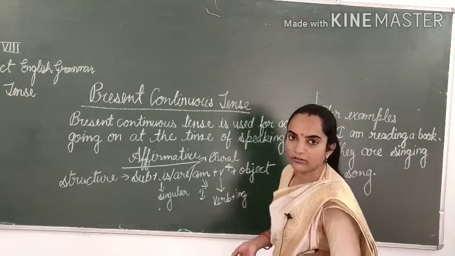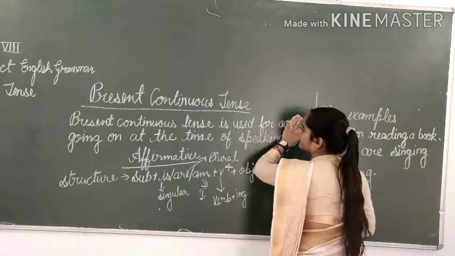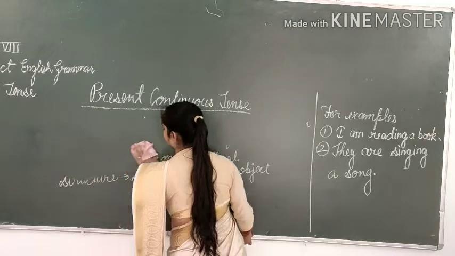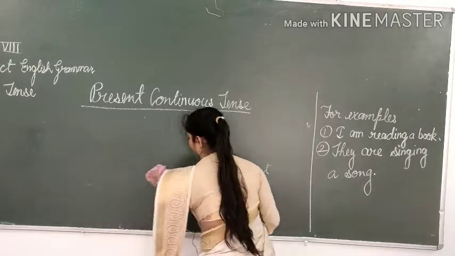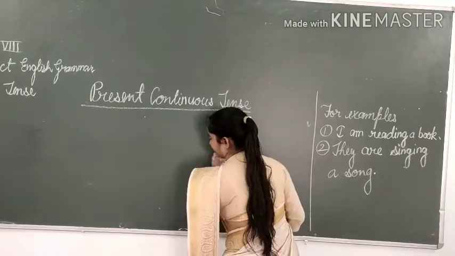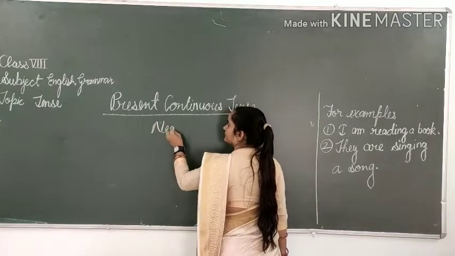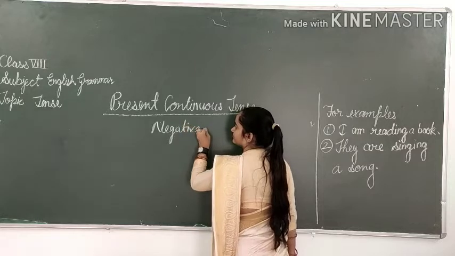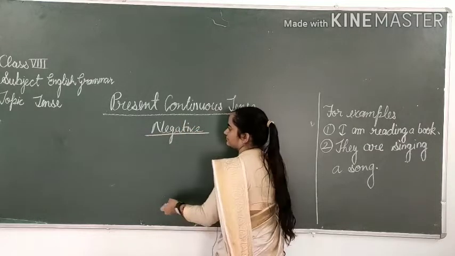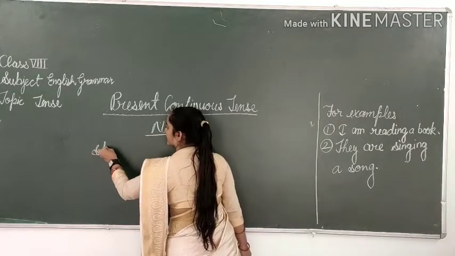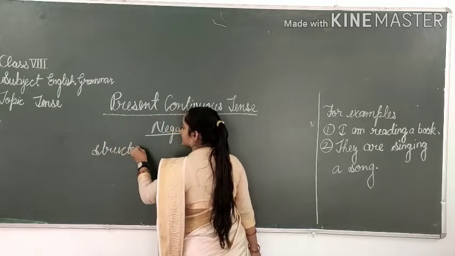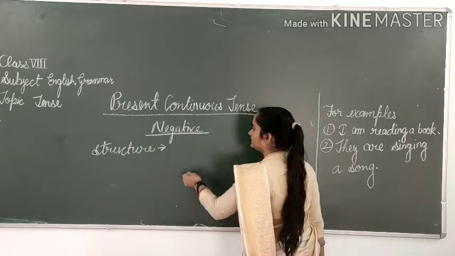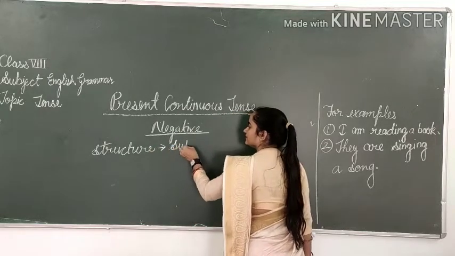Now we will talk about negative sentence according to simple present continuous tense. Have a look at the structure of negative sentence. Firstly, what will we take? Subject.